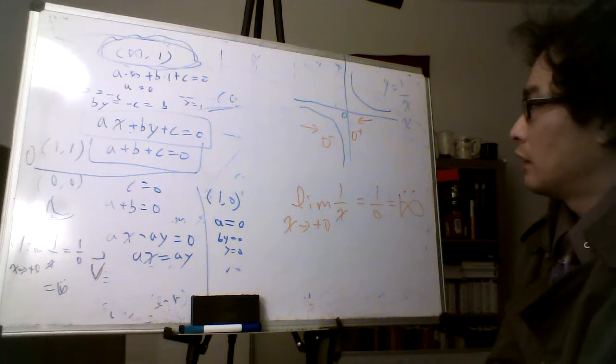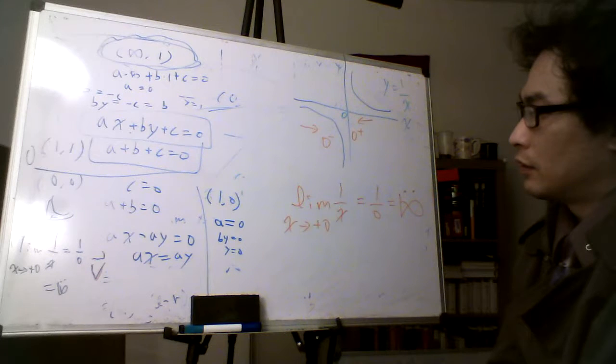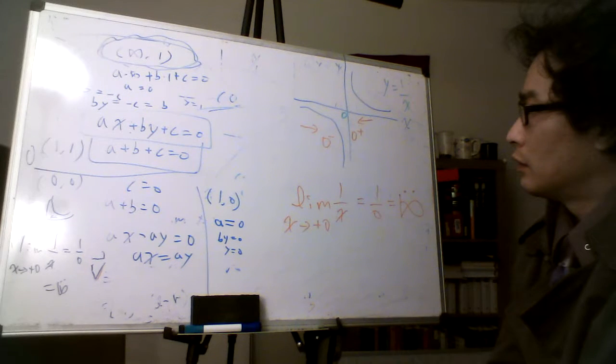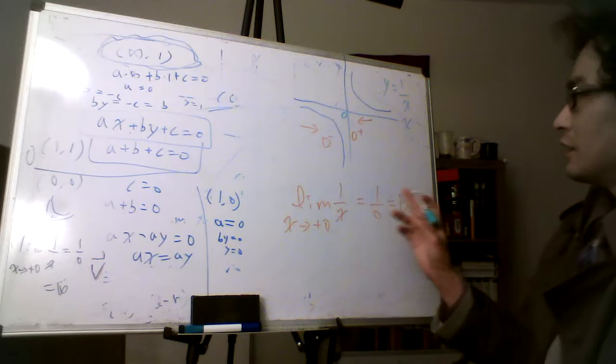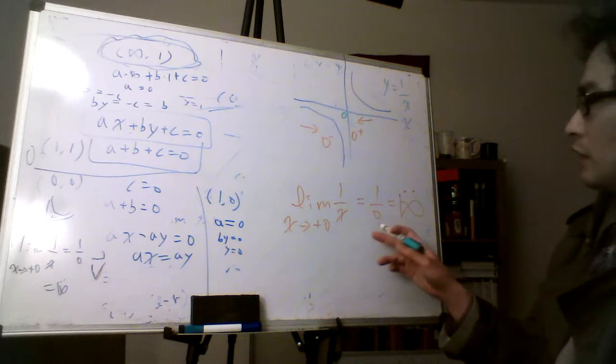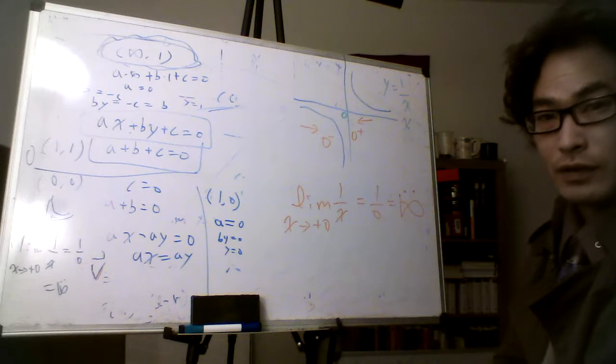Okay, we'll do that later. All right. I haven't thought about that yet. Okay, so that's the intuitive definition of this 1 over 0 as an absolute constant infinity.